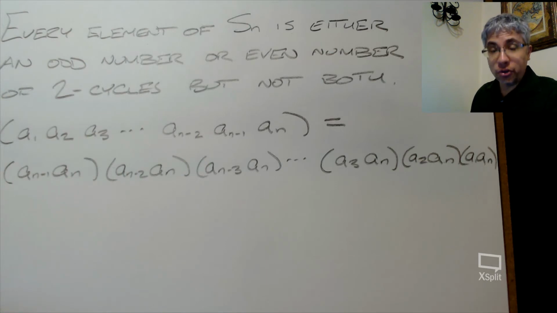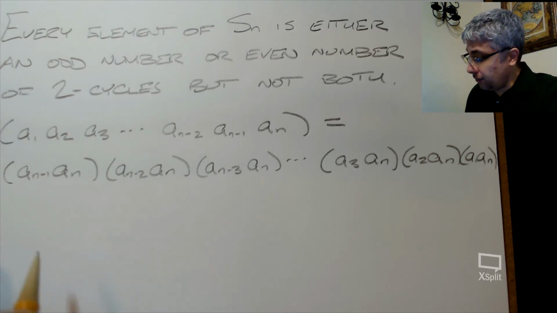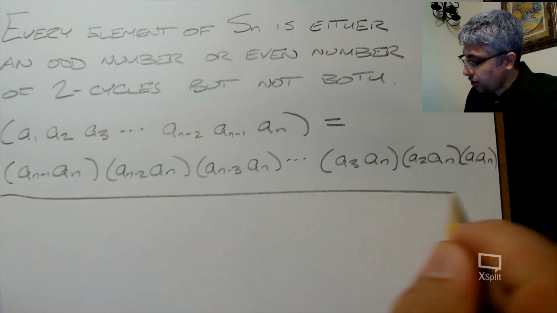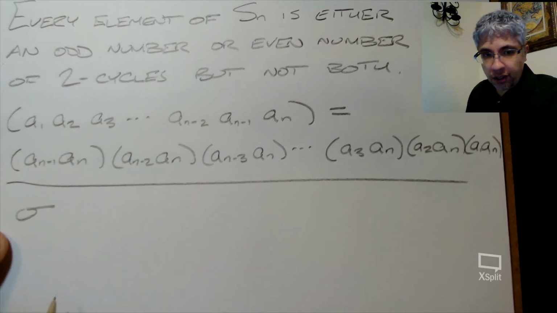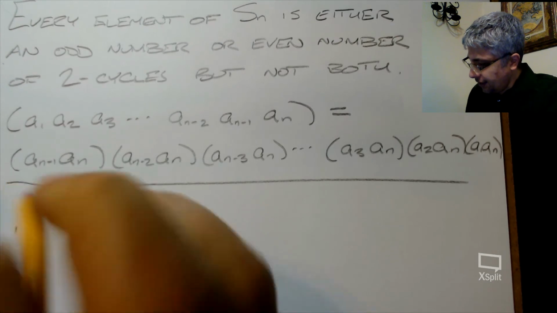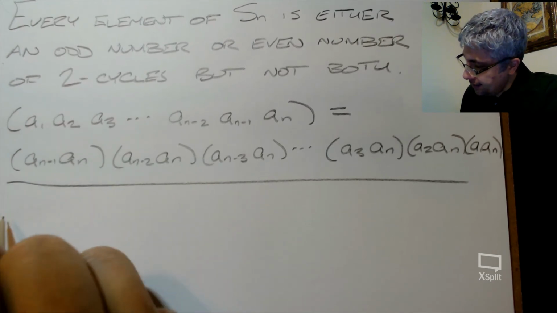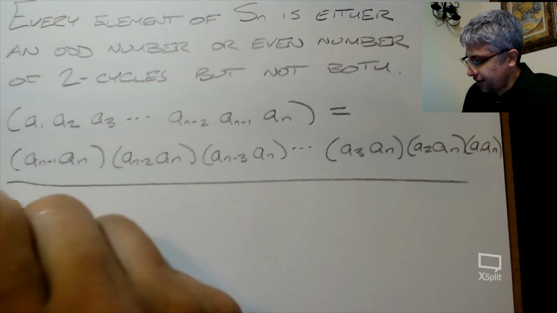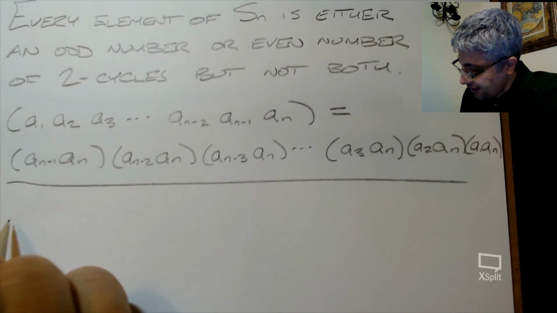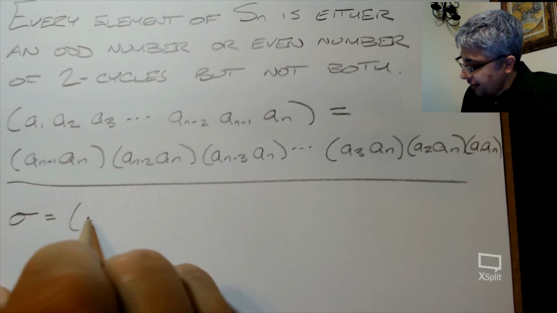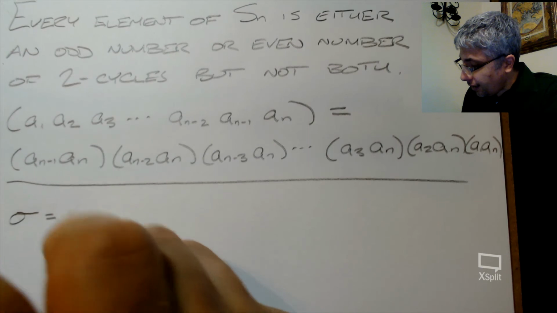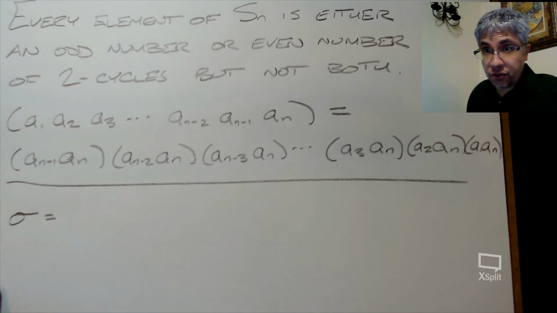Now, the other one is the "both" part, right? So suppose there's some permutation that can be written as both an odd number and an even number of 2-cycles. Let's use sigma. So let's say this is both an odd number and an even number of 2-cycles.